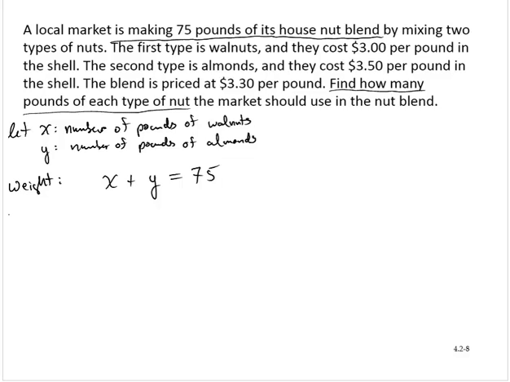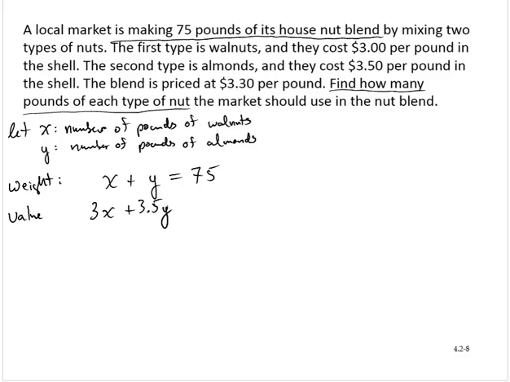Now let's work with the values. The walnuts are worth $3 a pound, and there are x pounds. So to find the value of the walnuts, we would multiply the 3 by the x. The value of the almonds, similarly, is 3.5y.